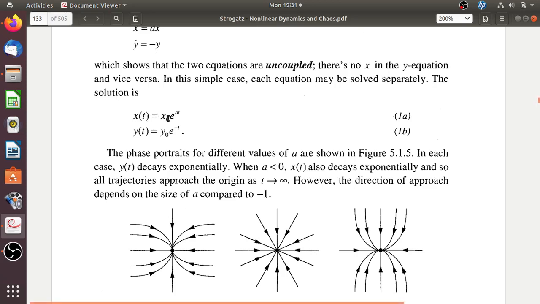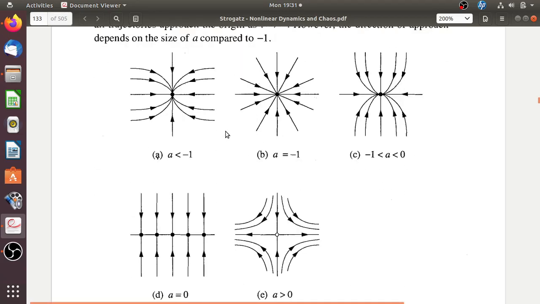If x naught is positive, it's going towards the right, and if x naught is negative, it's going towards the left. But what about y? y will always decrease and try to reach 0. For that case, the phase portrait will look like this.